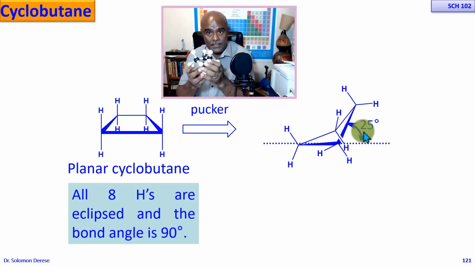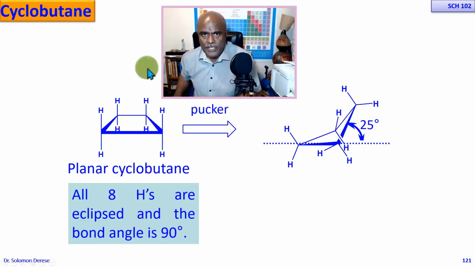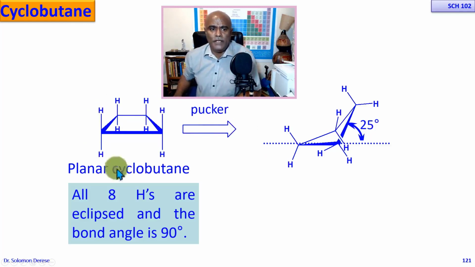When that happens, some of the torsional strain is relieved, making this puckered form of cyclobutane more stable than the planar. So cyclobutane is not a planar molecule. It is a molecule that has such a structure.